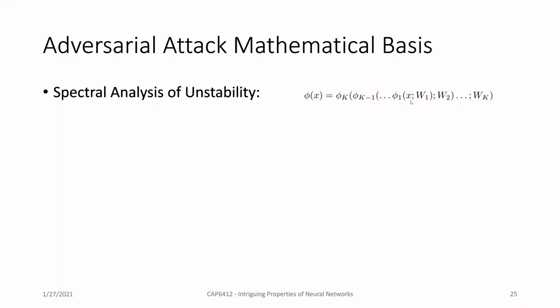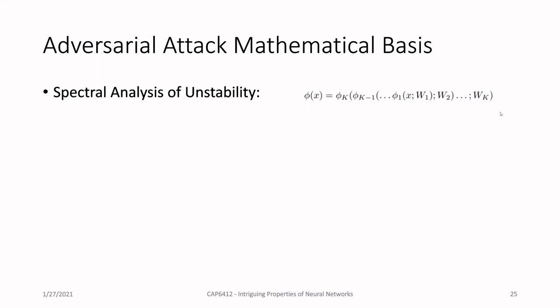When we send in the input image X with parameters W1, the output would be phi1 of X. Then this output is sent to the second layer, which is phi2 of X, and so on. If the network has k layers, the output of the neural network would be phi of X.